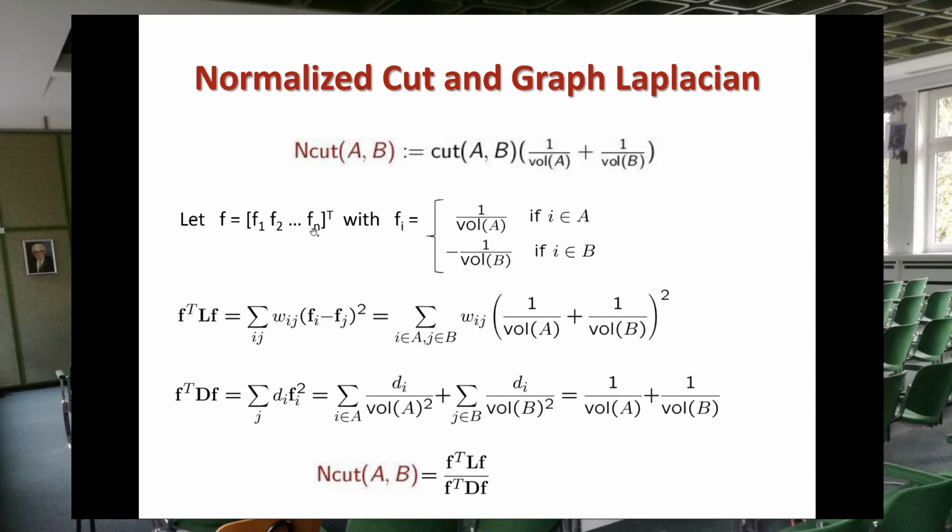This is a vector of dimension n, where n is the number of points in our data set, and it is defined in such a way that in the first position of this vector we will have a number, and that number will be 1 over the volume of A if that example is in the set A, or we will have the negative of 1 over the volume of B if that point happens to be in the set B. So if you are applying this to a data set with 1000 points, this vector will be of size 1000, and each of the positions will contain either this number here or this number here.